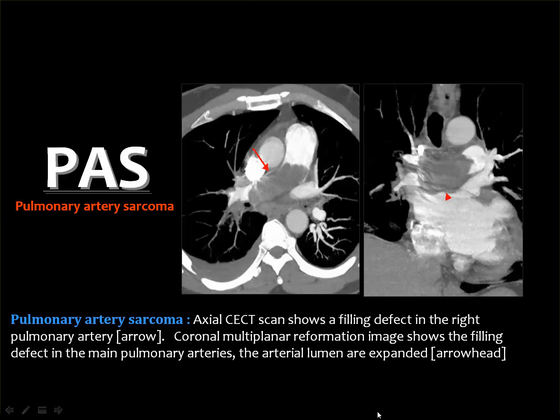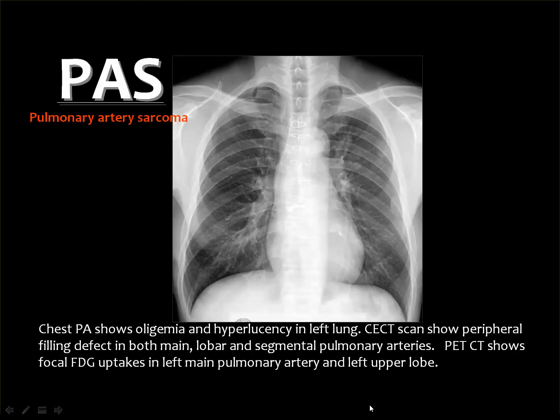This is number one. Number two, pulmonary artery sarcoma will cause dilatation of the pulmonary artery, the thrombus will not. Number three, if you inject contrast material, the thrombus will not enhance while the sarcoma will enhance. Number four, if you have the PET scan, then the thrombus will not show any metabolic activity while the sarcoma will show metabolic activity.